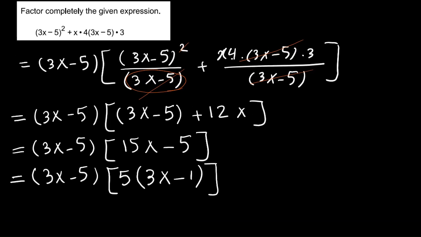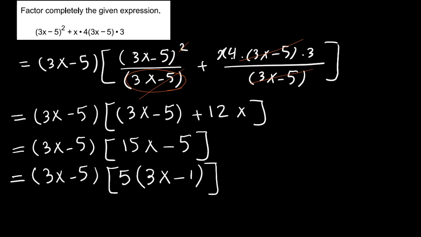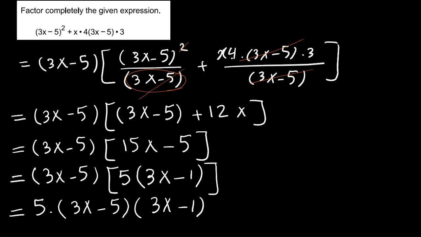Is there any common factor? No. Can I simplify more? No. And you see that it's completely factored right now: 5 times 3x minus 5 times 3x minus 1.